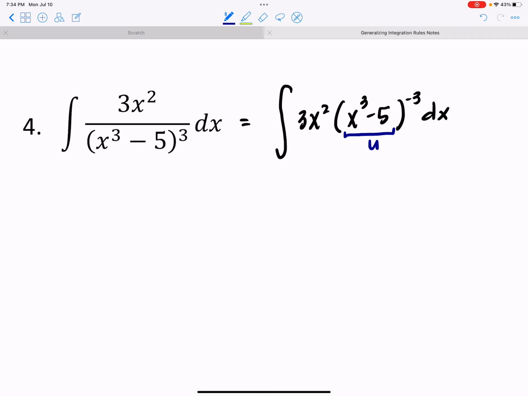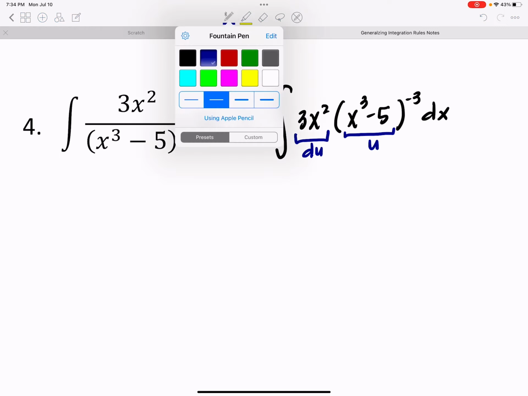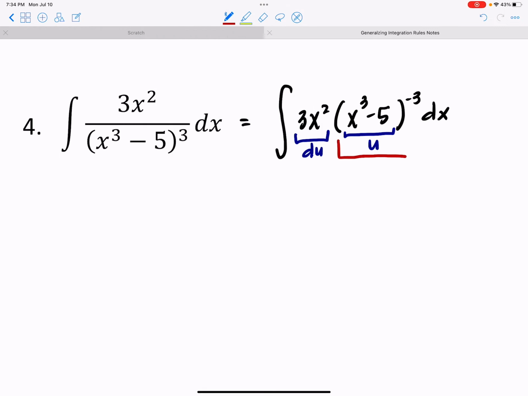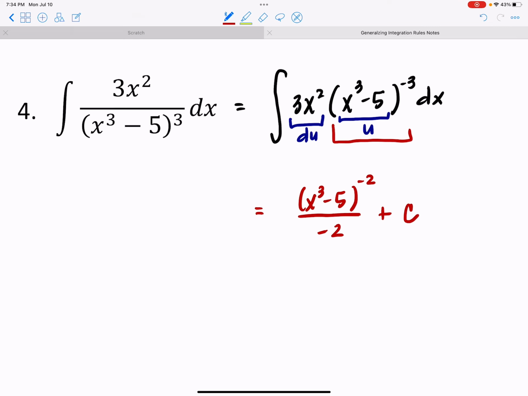The derivative of x cubed minus 5 would be 3x squared, and I see that here as a factor, so I'm in good shape. I just need to apply my power rule right here. So this becomes x cubed minus 5 to the negative 3 plus 1, which is negative 2. Divide by that exponent of negative 2, add on our constant of integration, and we're good.